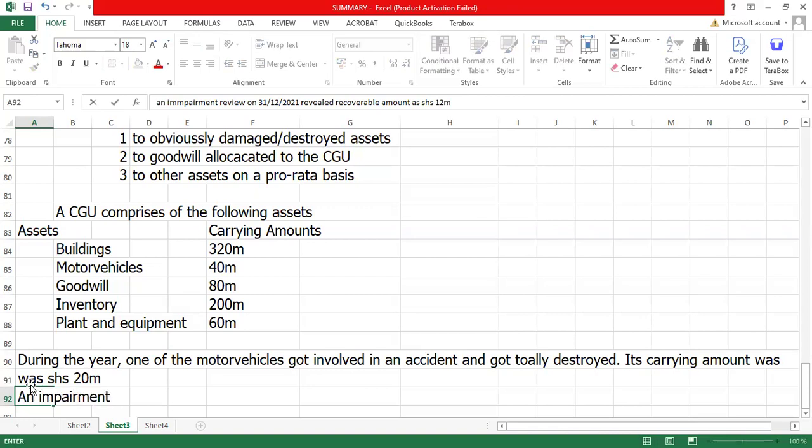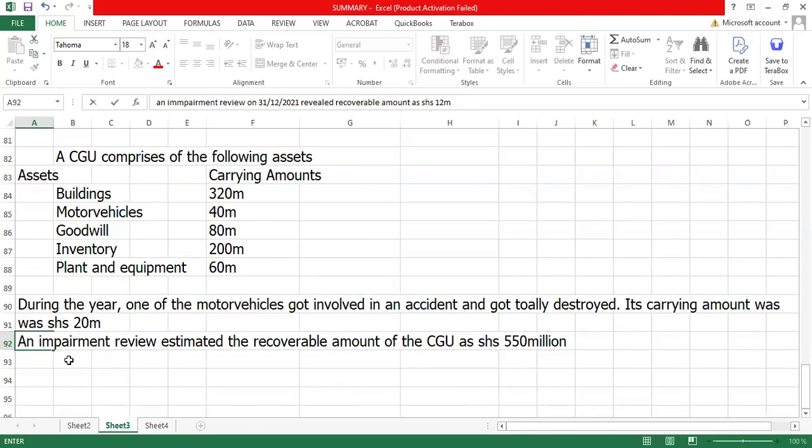An impairment review estimated the recoverable amount of the CGU as shillings 550 million.